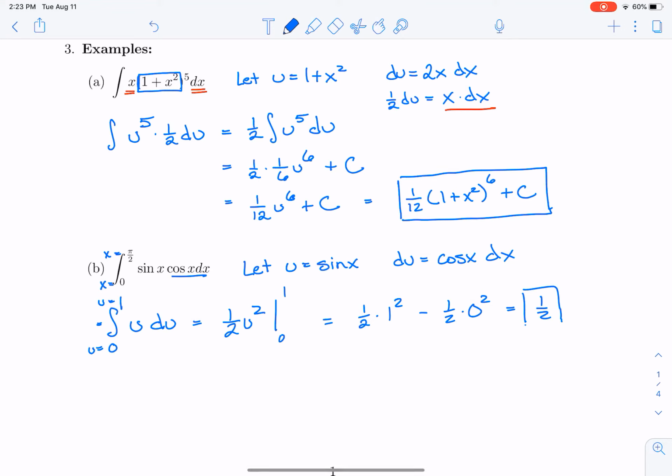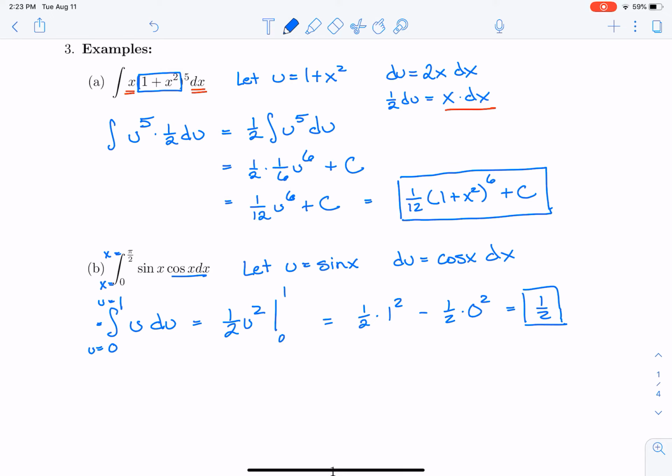Now, I know some of you will want to not change the limits of integration, and you will want to just leave them as x's, and then at the very end of the problem, you'll want to substitute in what u is in terms of x. But this is really inefficient and also will not be the best technique when we're looking at more theoretical problems.